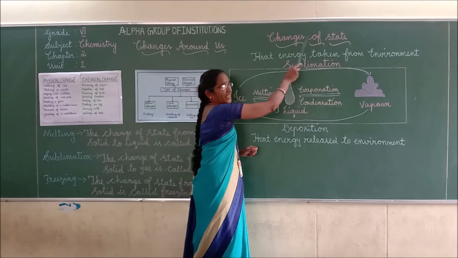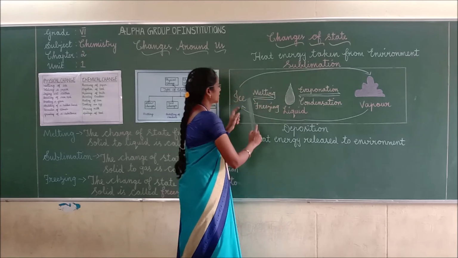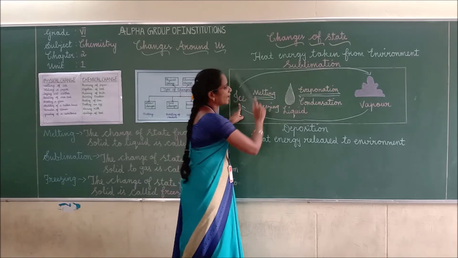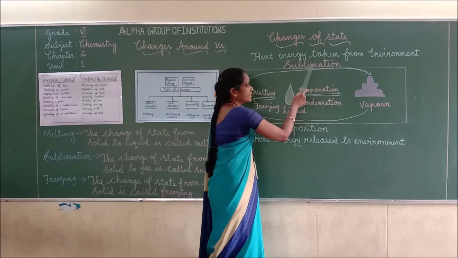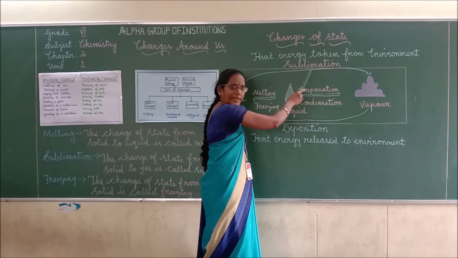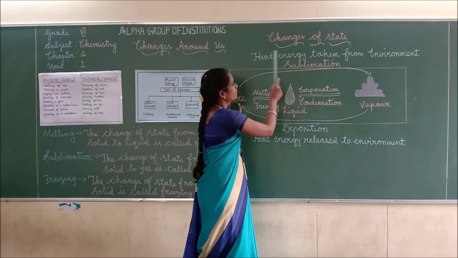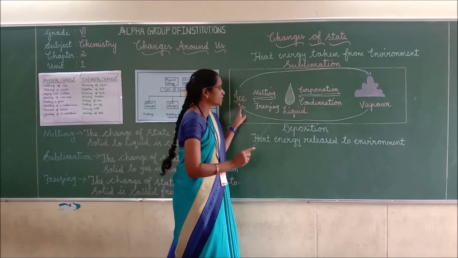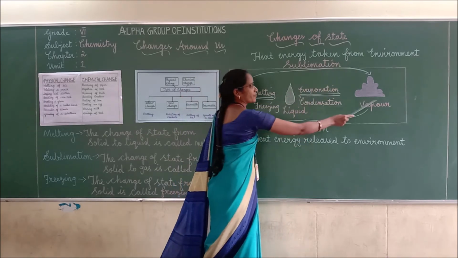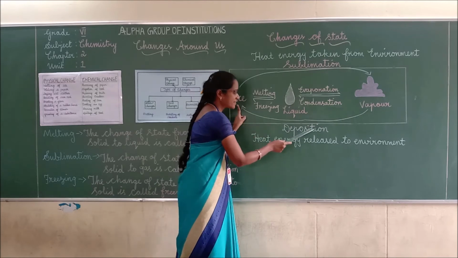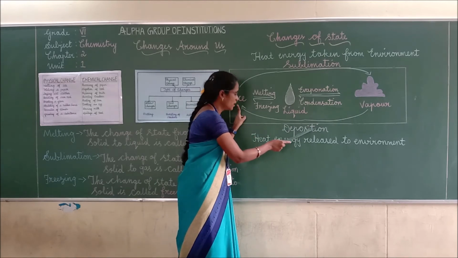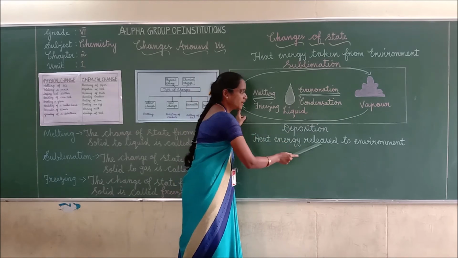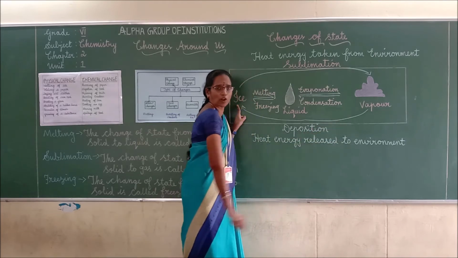These are the changes of state. Here, the change from ice to vapor is the sublimation process, where heat energy is taken from the environment, whereas the change from vapor to ice is the deposition, where heat energy is released to the environment.